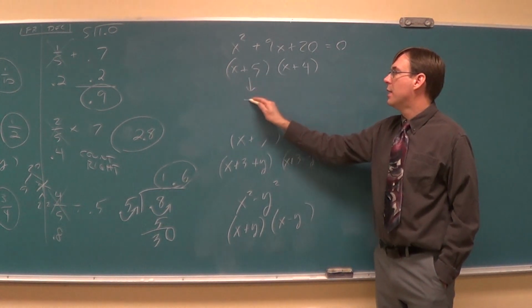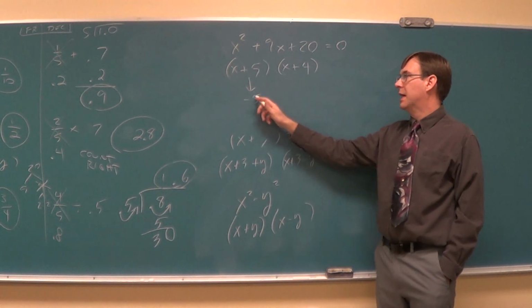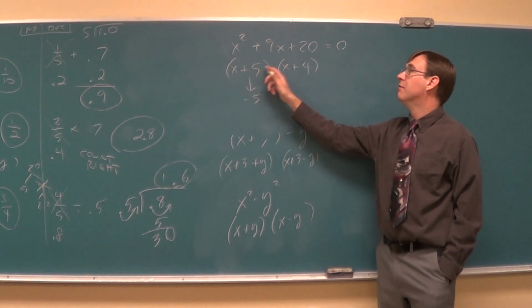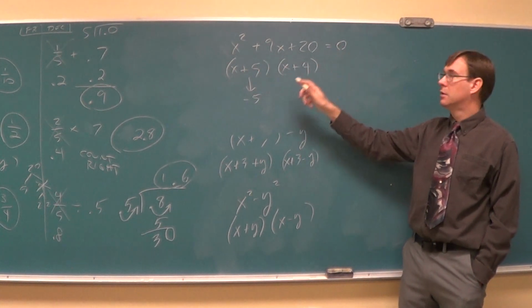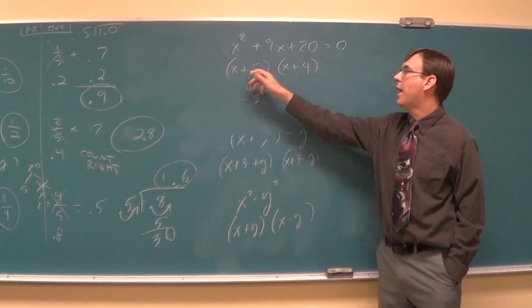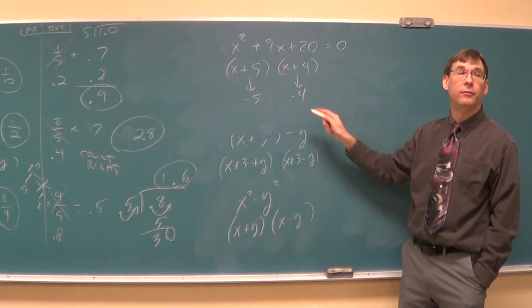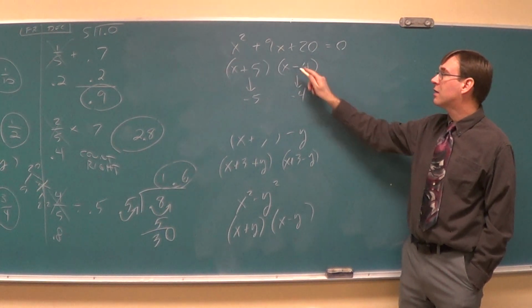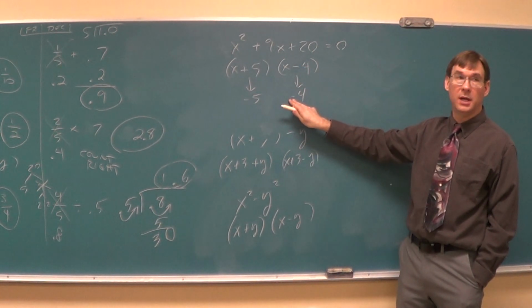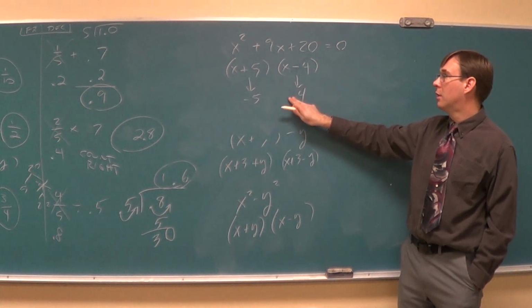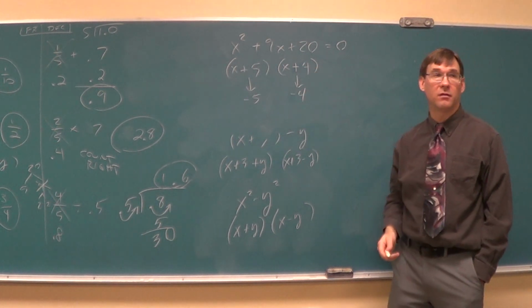Then this will give you an answer of -5. Because -5 adding 5 is what's going to create a 0 to happen. So -5 would zero that one out. That one we get -4. If this had been a subtract 4, then this would be +4. But that didn't happen, so we go negative.